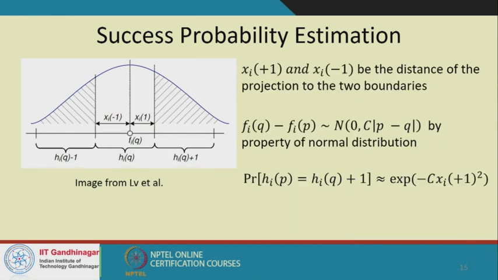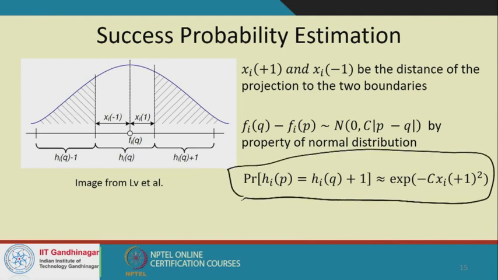If I write down this probability, because this is a normal distribution, the probability that h_i(P) is equal to h_i(Q) plus 1 will depend on exactly the PDF of the normal distribution, which is exp of minus some C times x_i(plus 1) squared.